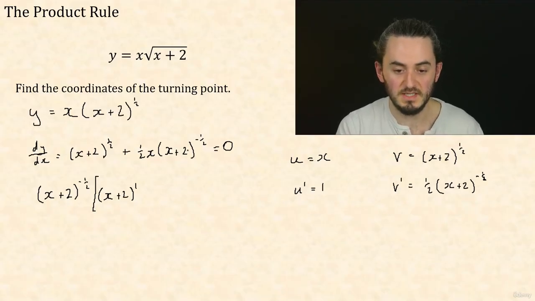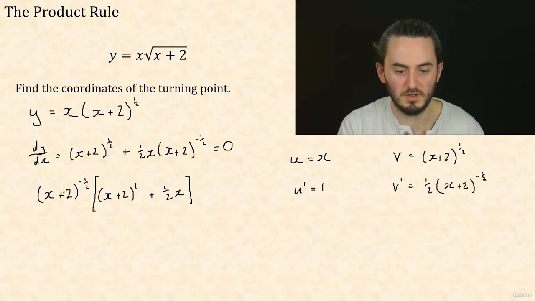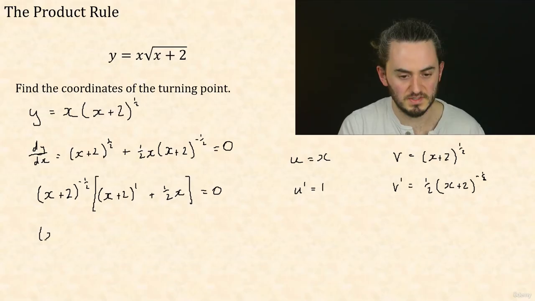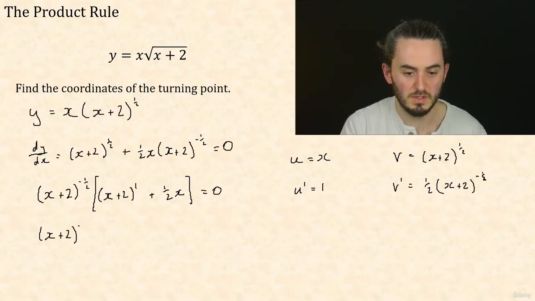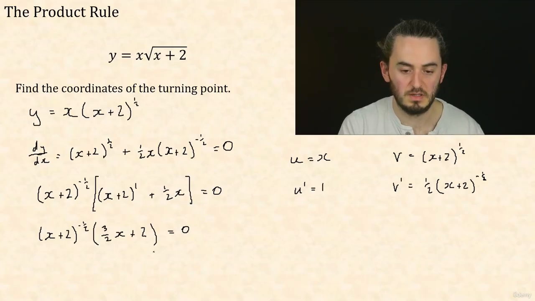And now for this bit, it's a bit easier because I've just got x plus 2 to the minus half here, so it's just half x that goes here. So that's it, well, it's not fully factorised, but I've factorised out the awkward bracket. So what have I got here? Well, I've got x plus 2 to the negative a half, and inside the bracket here I've got x plus 2 to the 1, that's just x plus 2, plus half x. So x plus half x is 3 over 2x, and then plus 2, and all of that equals 0.